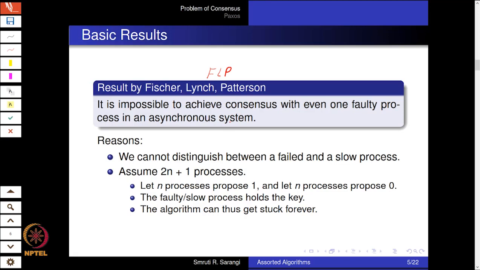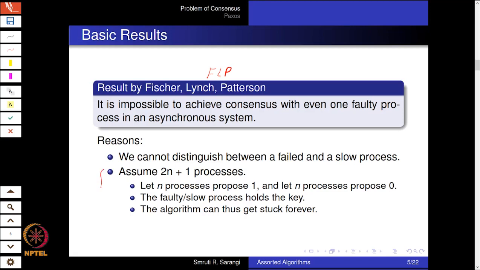What again is an asynchronous system? It is a system where the processes do not have a shared time base, and they are not obliged to give a reply within a certain period of time. So here, if we have a faulty process, we have no way of distinguishing between a failed process and a slow process. Consensus is not possible.